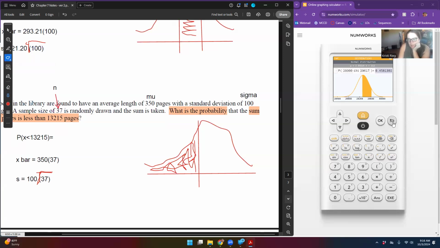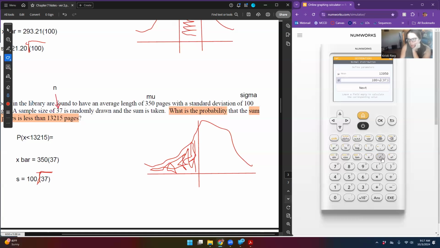All right. Back up. Mean is 350 times 37. S, or standard deviation, is 100 times the square root of 37. Go back. See how it's a decimal? Who cares? It's all good. Okay.